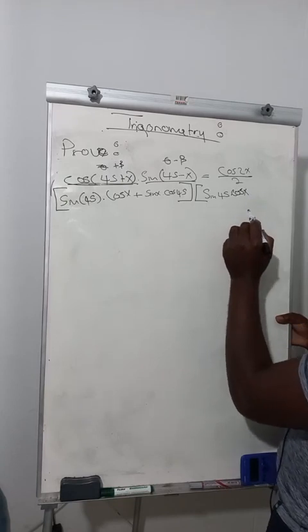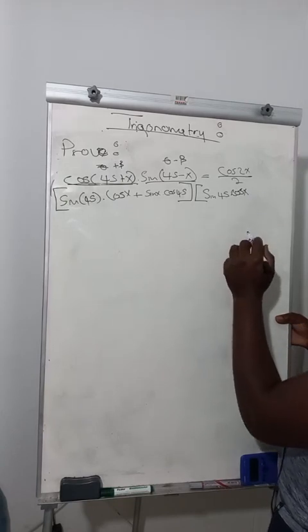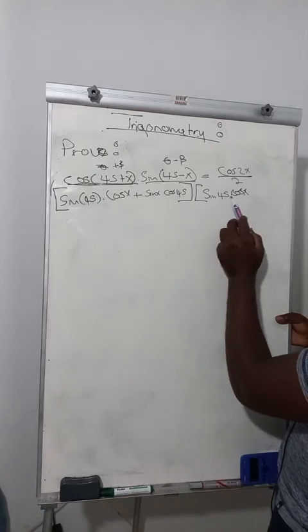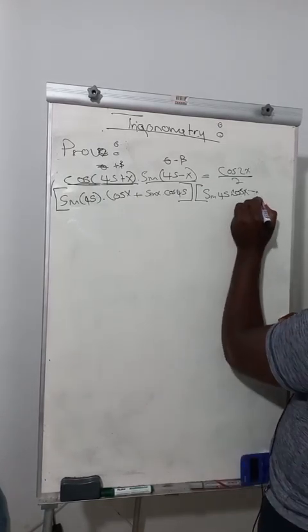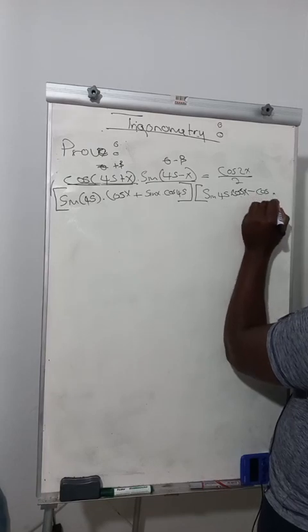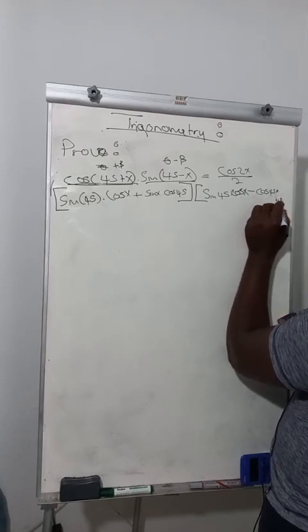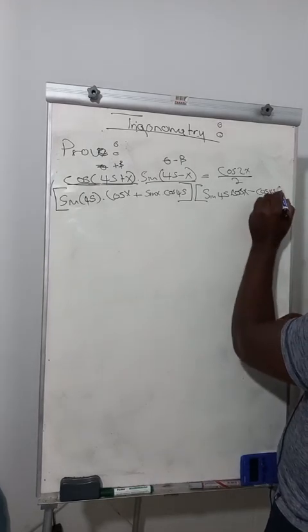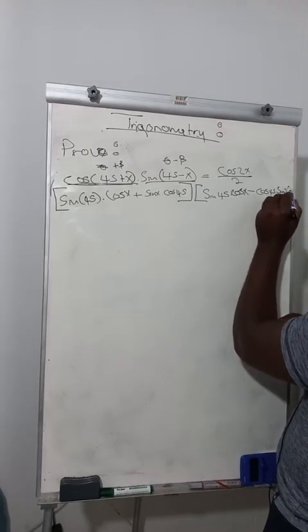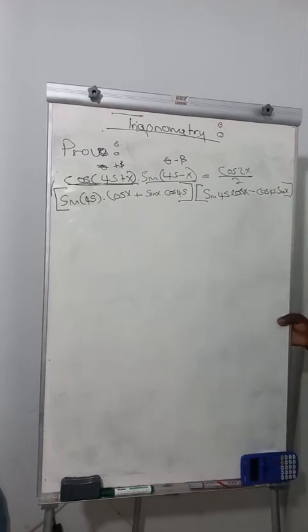After getting that, I'm having this and this. After this, I will have minus cos 45 multiplied by sine x.